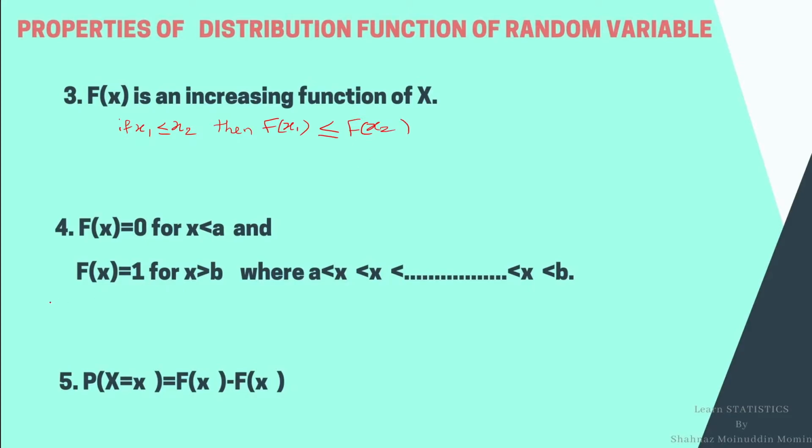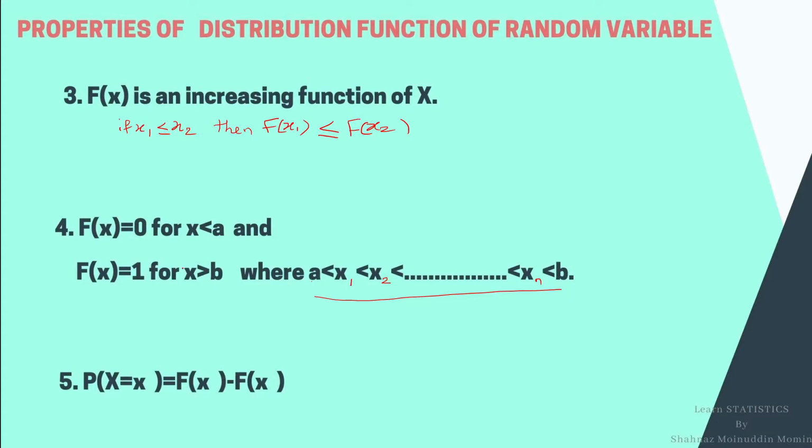Next, the fourth property is value of CDF is 0 for x less than a. Suppose here the range of x1, x2, xn is a less than x1, less than x2, dot dot less than xn, and which is less than b. Means all the values of random variable x1, x2 lie between a and b.